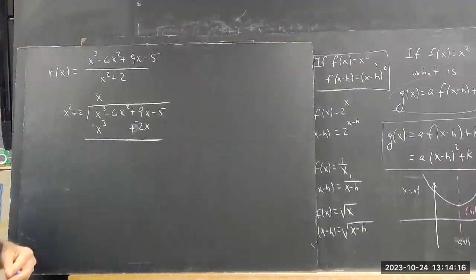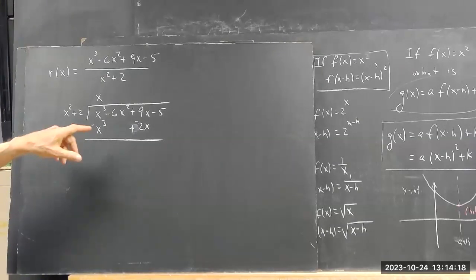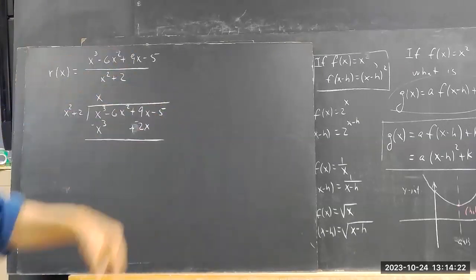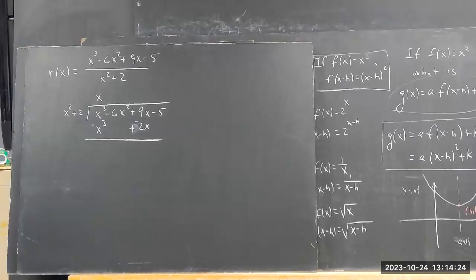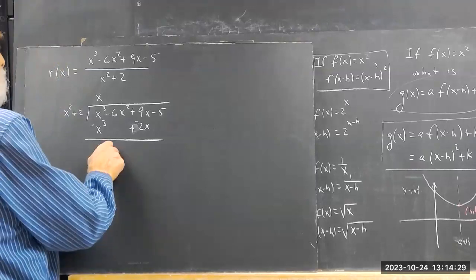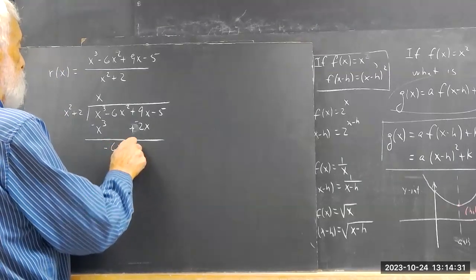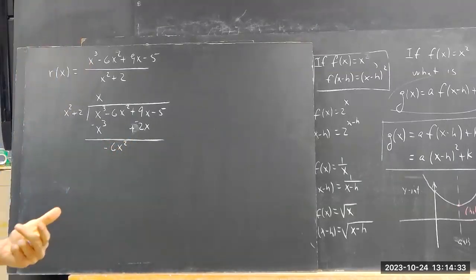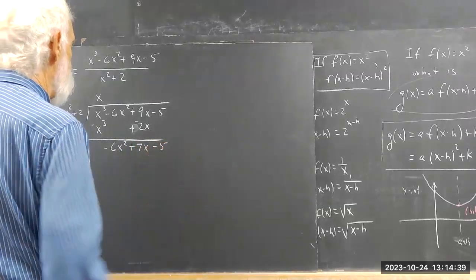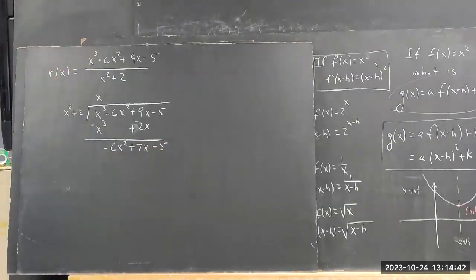Now really what we're doing is subtracting x cubed plus 2x from the whole thing up here. Well, we've got nothing to subtract from the 6x squared, so we just end up with a negative 6x squared. Now, when we subtract 2x from 9x, we get 7x. And then we get minus 5.